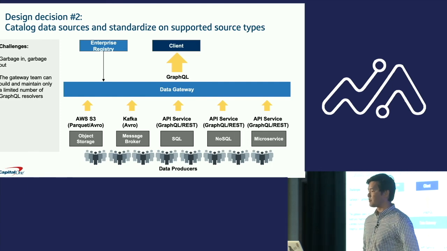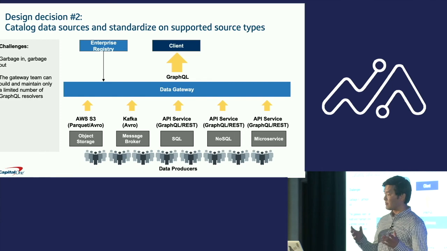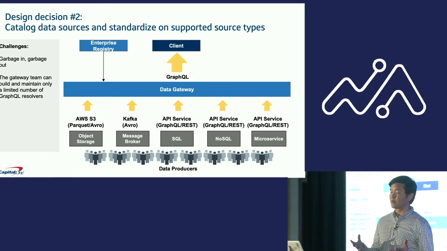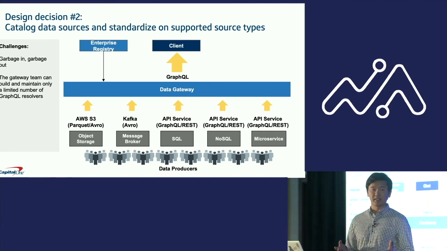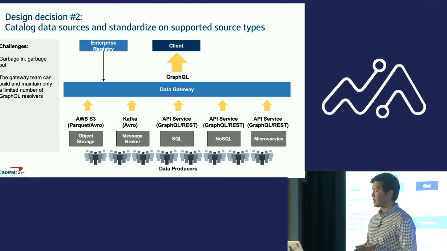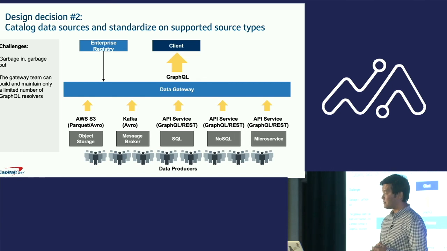The second important design decision we made is that our data needs to be cataloged and have a standardized interface. At the end of the day, it's garbage in, garbage out. So we wanted to make sure that the data that gets hooked into our gateway has all the qualities that we need.